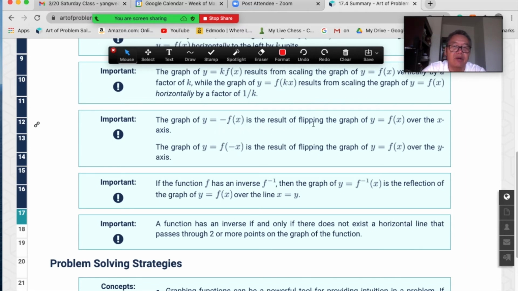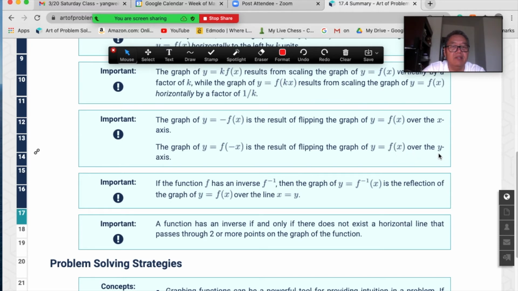That's a result of the flip of the graph of y equals f(x) over the x-axis. If you try to get y equals negative f(x), you just flip the graph of y equals f(x) over the x-axis. If you try to graph y equals f(negative x), this one is just a flip of the graph of y equals f(x) over the y-axis.